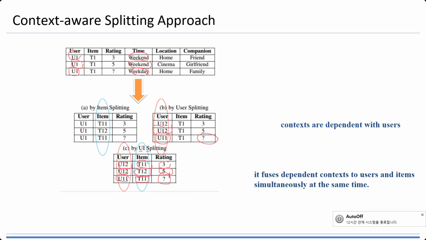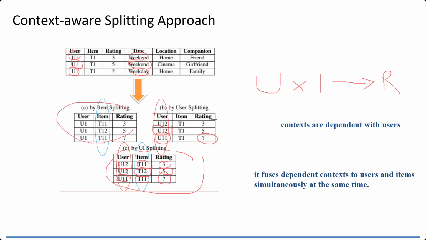This kind of splitting will also be helpful to make only the user and item relationship, and we can do the rating prediction. After we have this matrix, we can apply common collaborative filtering.